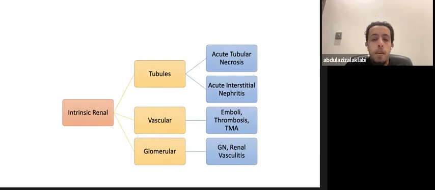And the way that a vascular cause or disease can cause intrinsic renal failure is due to ischemia of the nephrons, and that in turn leads to dysregulation and dysfunction, and the kidneys cannot filter the BUN and creatinine anymore. And then other causes are anything that affects the glomerulus, such as glomerulonephritis and renal vasculitis.